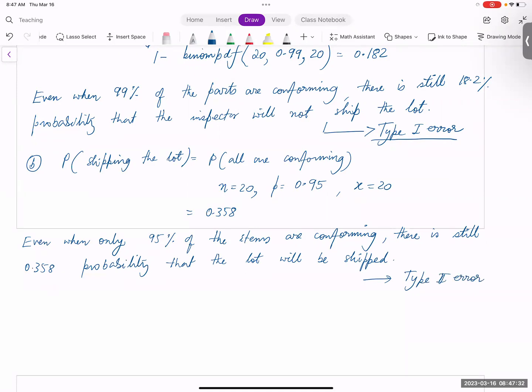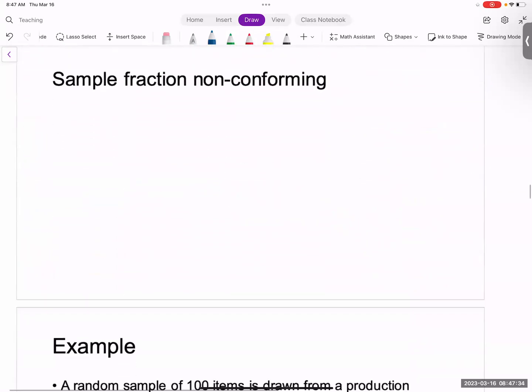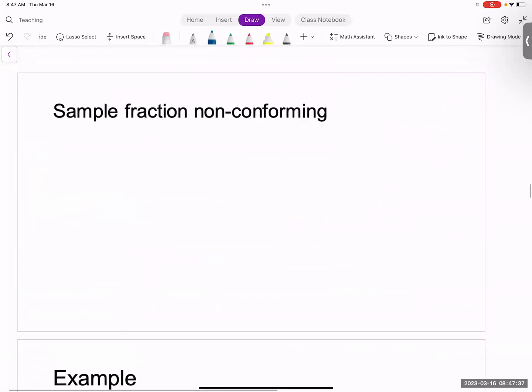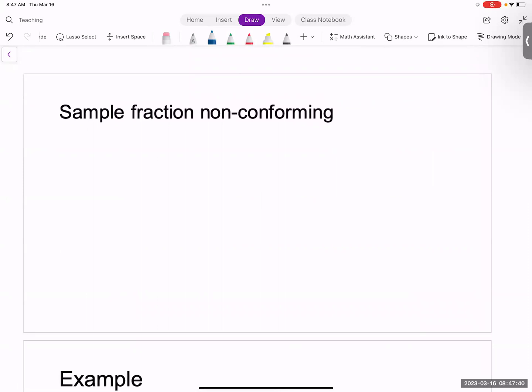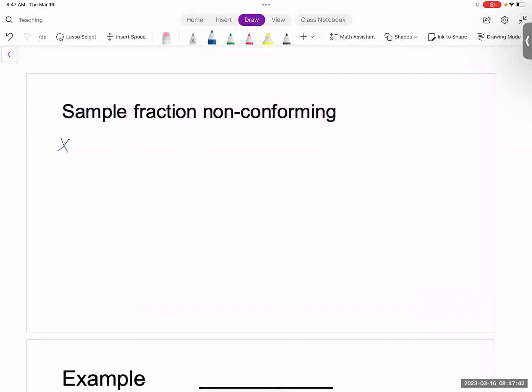Right? Okay. Now there's one tiny little concept in binomial, and before we move forward, this concept is about sample fraction non-conforming. Based on what we have studied so far, let's think about X as the number of defective items, and then X follows a binomial n comma p, right?